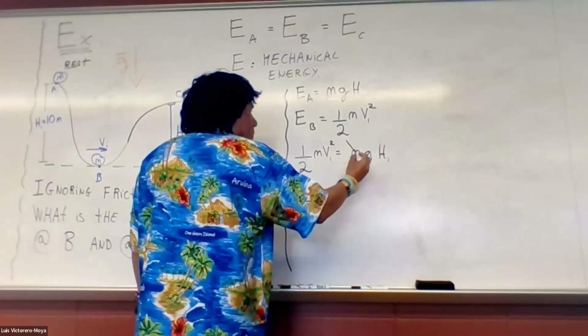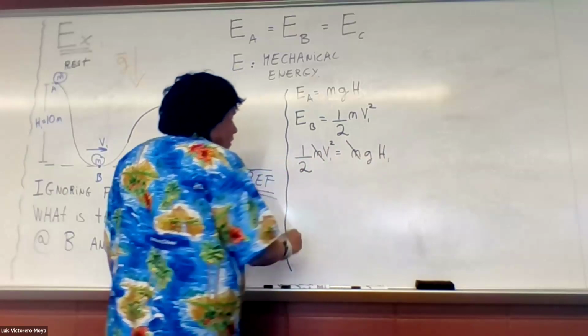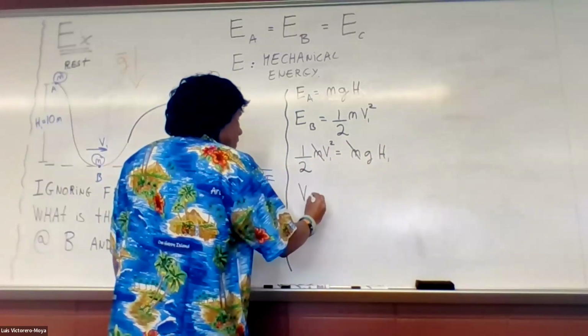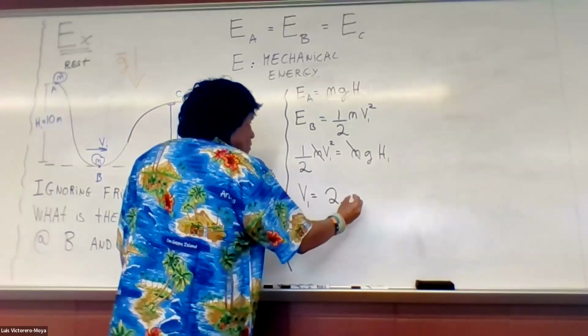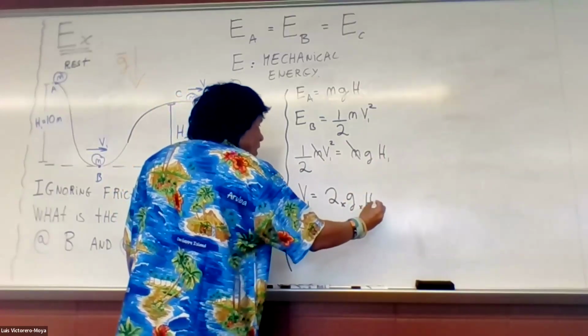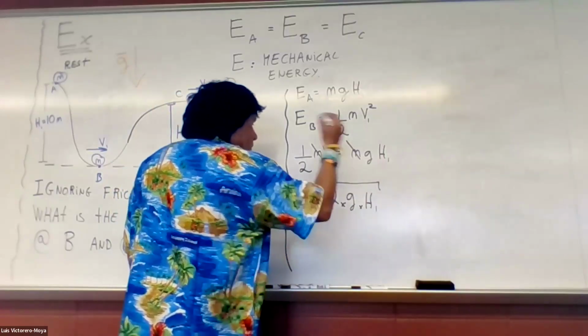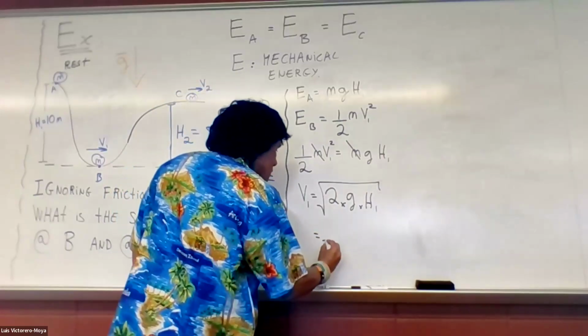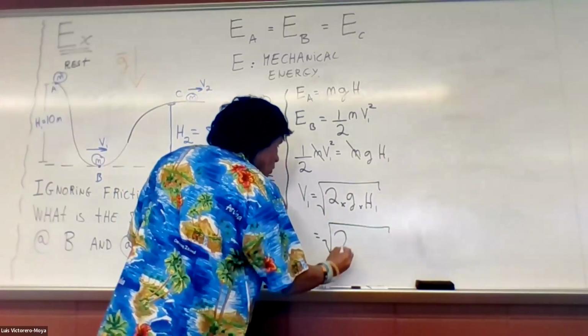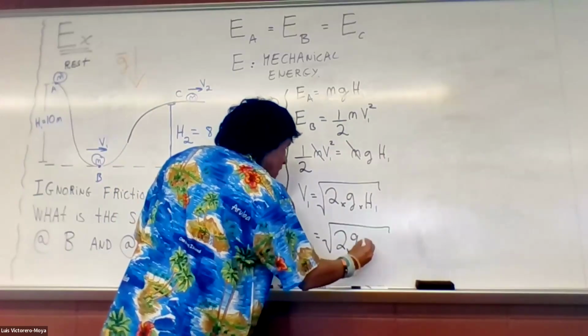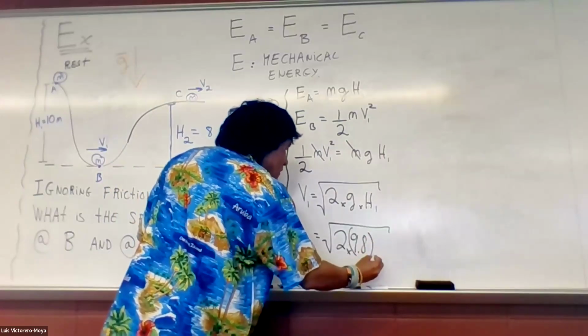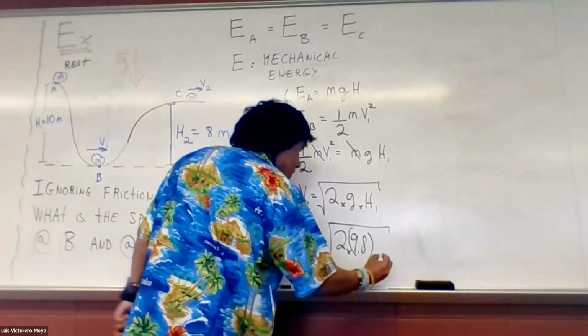Like before, mass drops. V1 is the square root of 2gh1. Square root of 2 times gravity times 10.